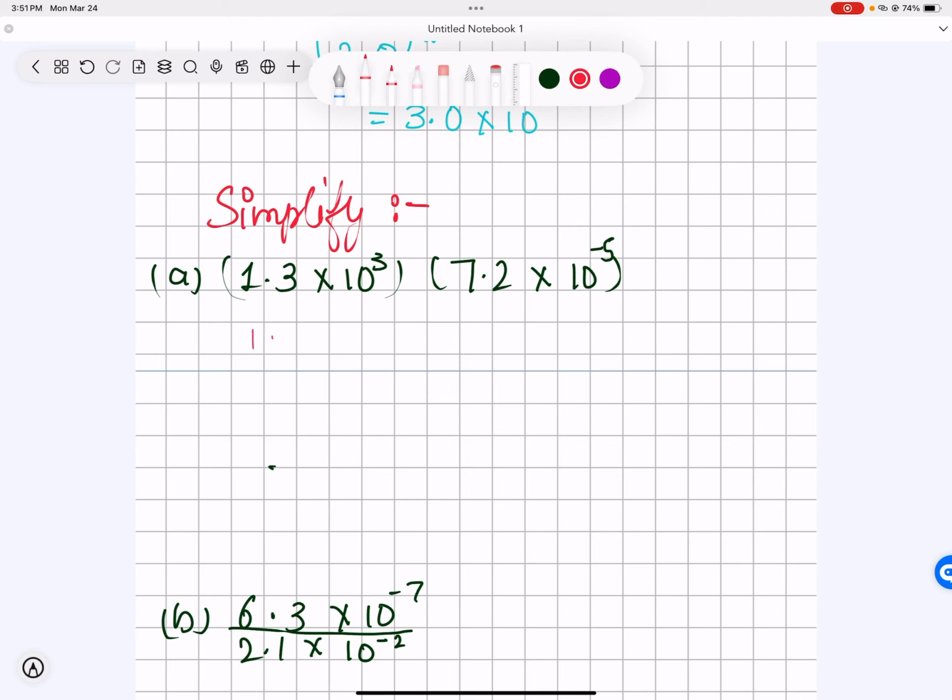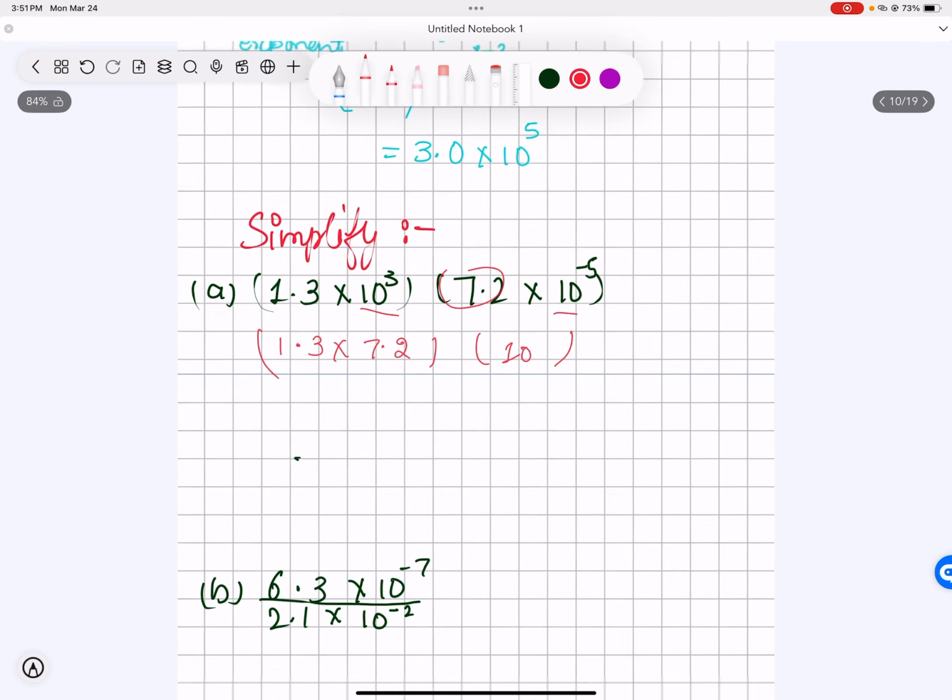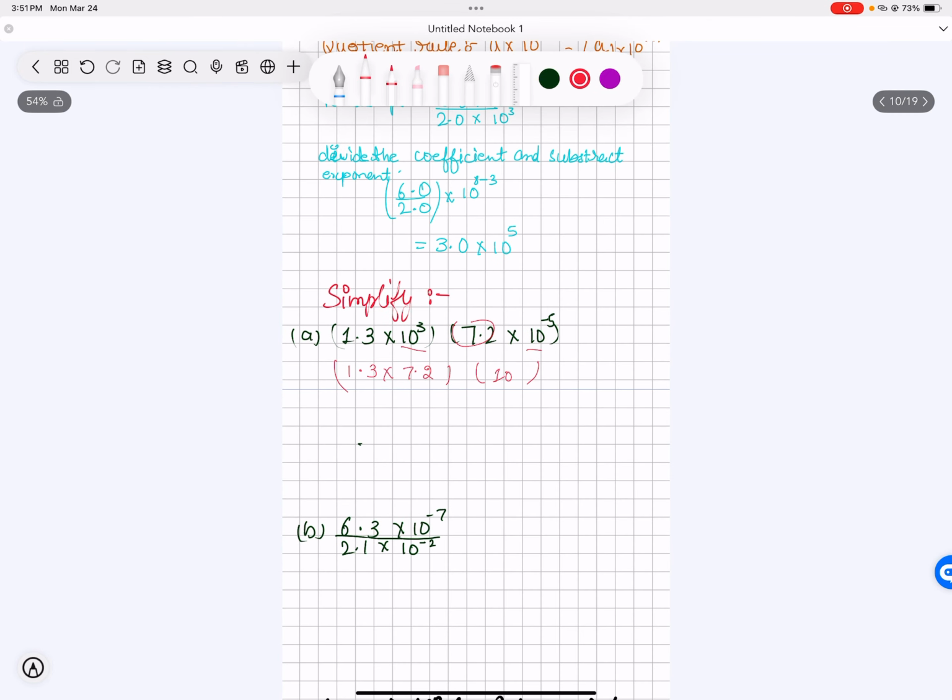We have 1.3, and I'm gonna multiply it with 7.2, and I'm gonna keep the 10 as it is and add the exponents, 3 plus minus 5, I get a power of 10 to the minus 2.